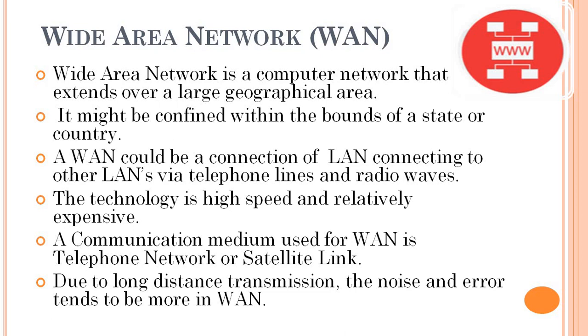So when we are talking about communication in a WAN, we are talking about communication within different cities and different countries. When the data is traveling such a long distance, the noise and errors will be more. So this is all that is about wide area network.